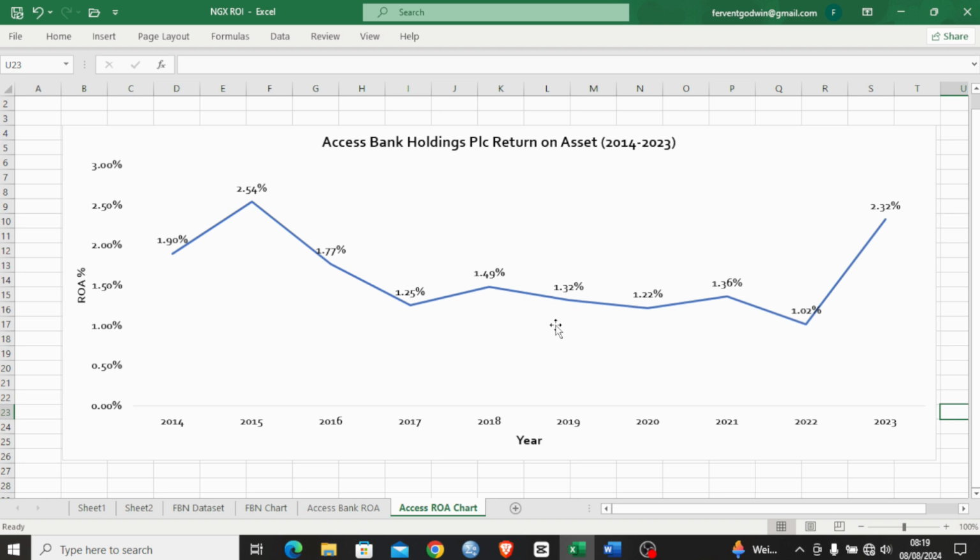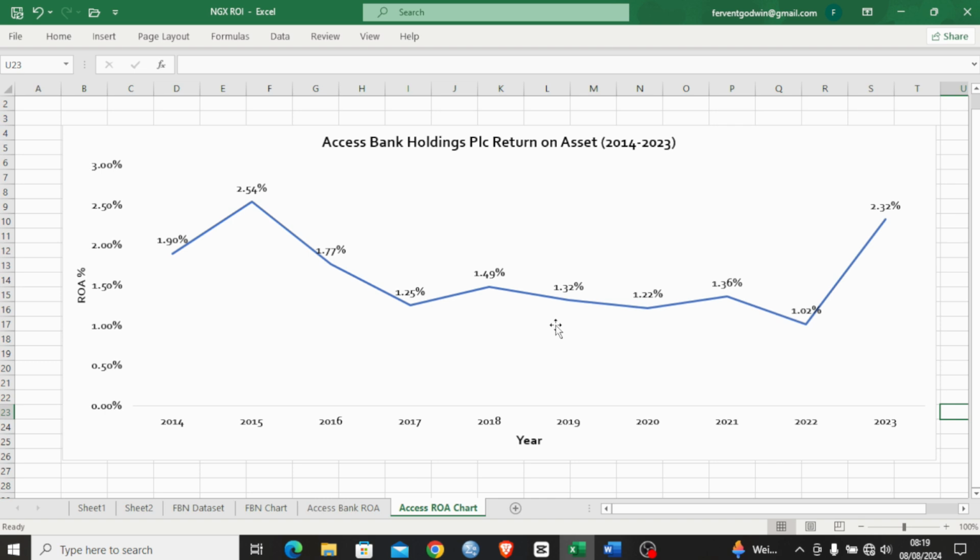So now we'll consider Access Bank as a tier 1 bank, which their average is supposed to range from 1% to 2%, because Access Bank is actually a very big baller in the game. So let me use that word for them. Now let's analyze what their values are like.